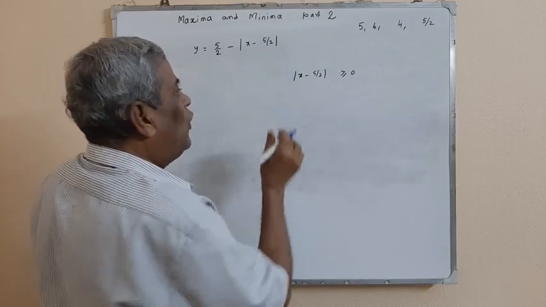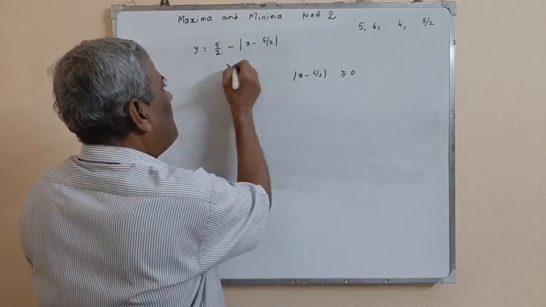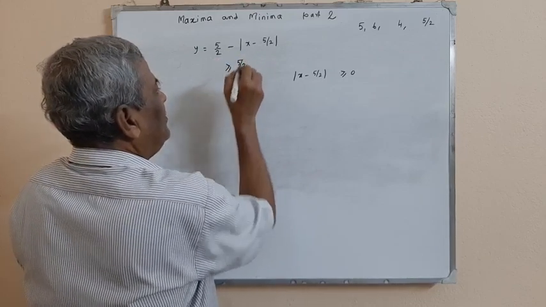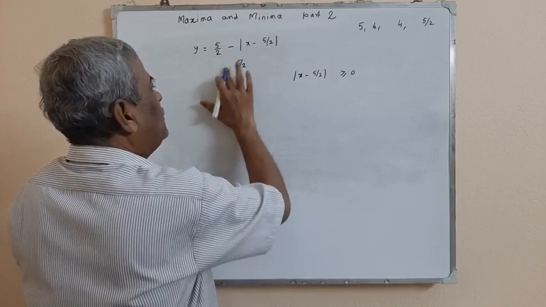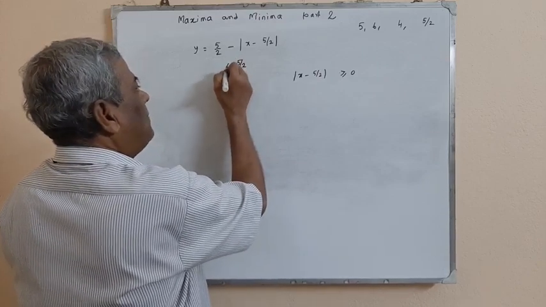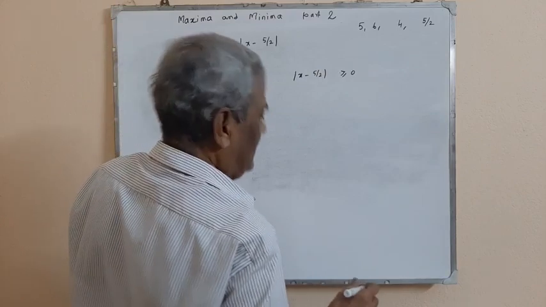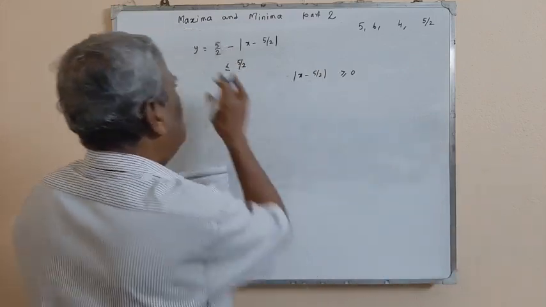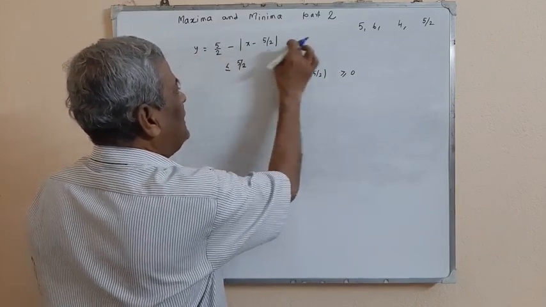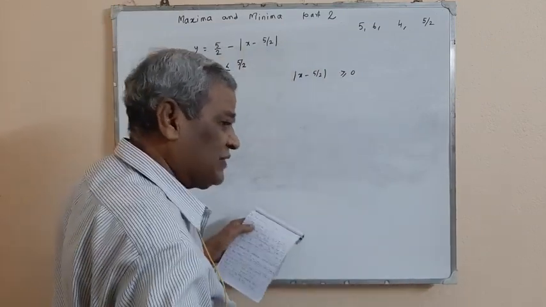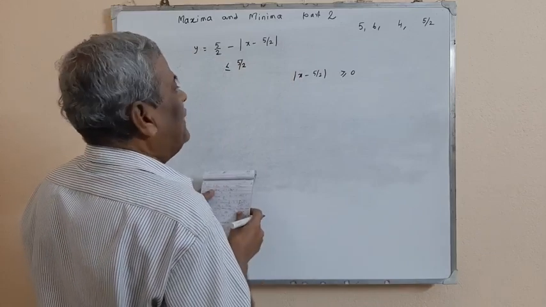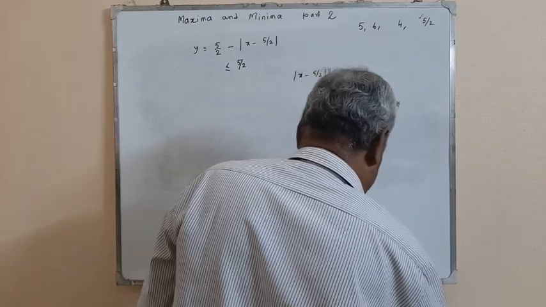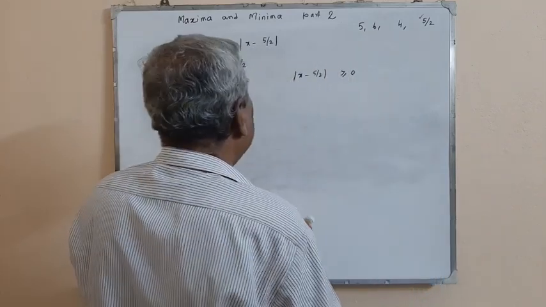So y is less than or equal to 5 by 2. So we have to find its maximum value. The value of this function is either 5 by 2 or less. Therefore, its maximum value is 5 by 2. Without any calculation, we do it.